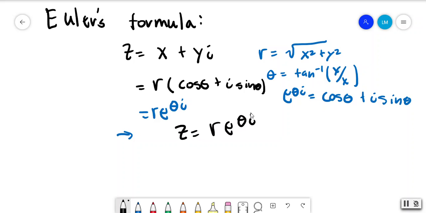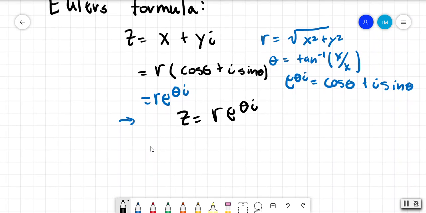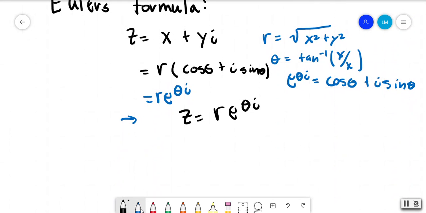Now, if you had a complex number and you wanted to multiply it by another complex number, what happens? Well, exponents add. I can demonstrate that with the following.